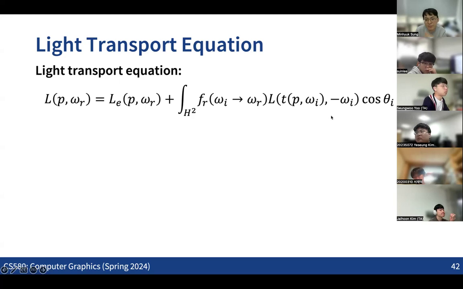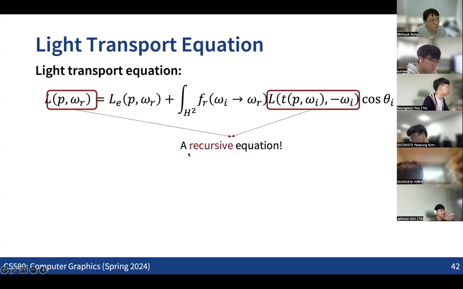Is this clear? Now we are seeing a recursive form. We have the outgoing radiance here and also here as well. So this is a recursive equation, which makes the computation more complicated, right?